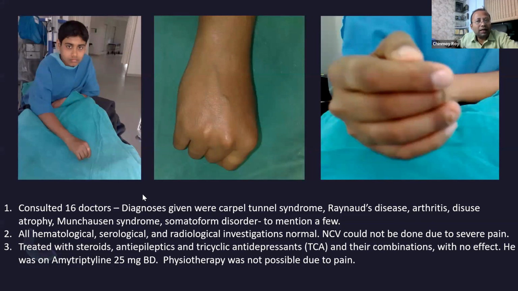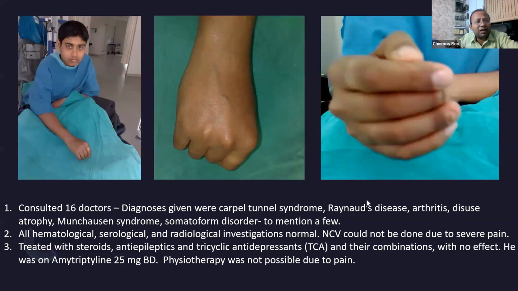So there is no reason that anyone will say that this is a psychiatric patient. But when he consulted 16 doctors, he was even given a diagnosis of somatoform disorder, and then many other diagnoses were given.